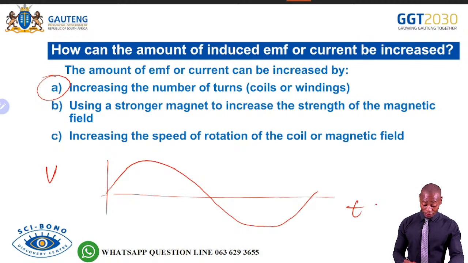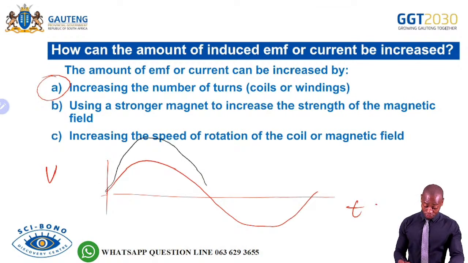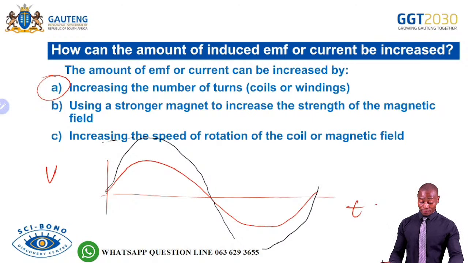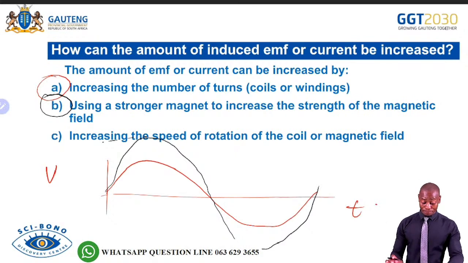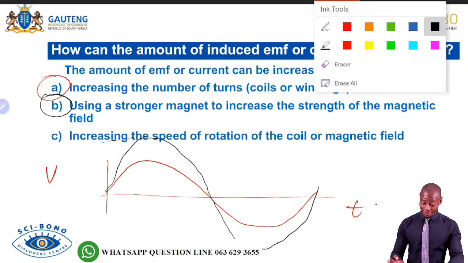So the amount of EMF induced will increase. So you will have something like this. So the EMF induced will be more than before. All right. Same even for number B, the only thing that will be affected is the induced EMF.